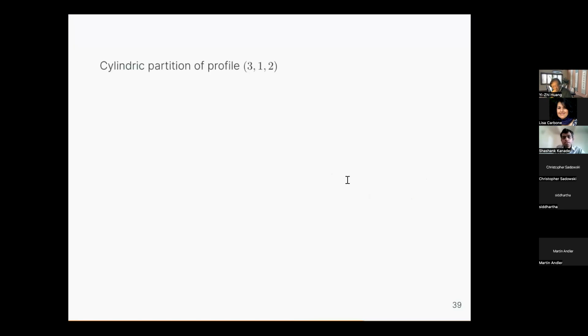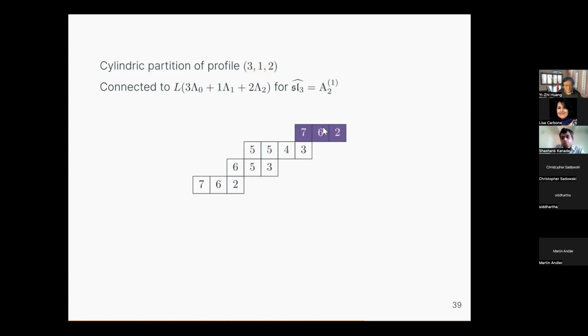Okay, so what are these cylindric partitions? I'll give you an example. They are attached to profiles where certain numbers in these profiles could be 0. This profile is connected to a certain module. If you have a profile of length 3, then it is connected to SL3 hat, corresponding to this module here. And what you do is you take skew plane partitions.